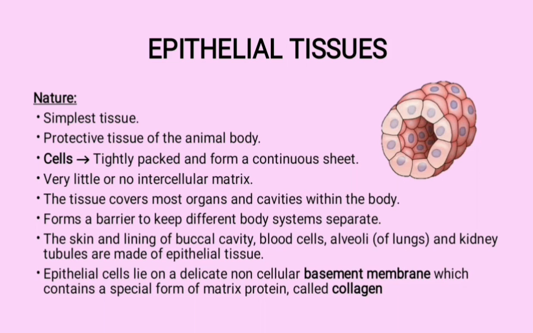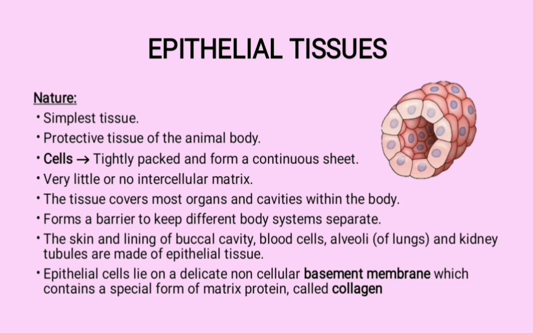Now, the tissue covers most organs and cavities within the body. It also forms a barrier to keep different body systems separate. The skin and lining of the buccal cavity, blood vessels, alveoli in lungs and kidney tubules are all made up of epithelial tissues.